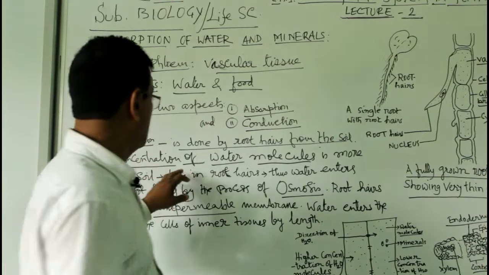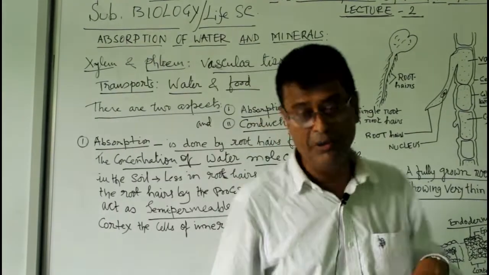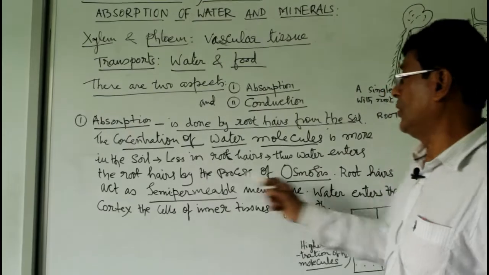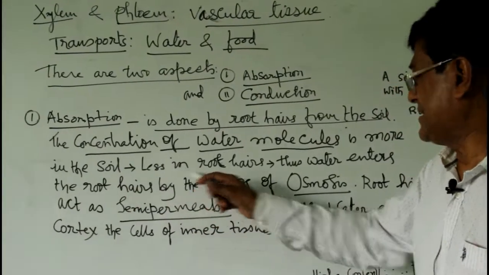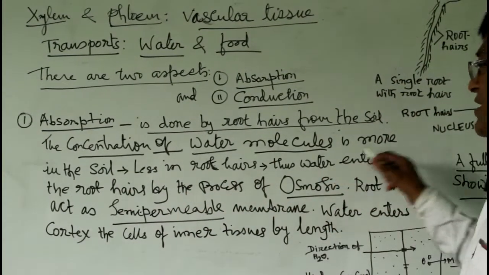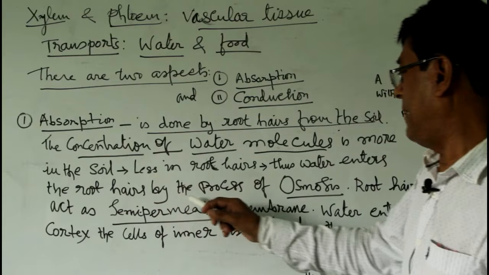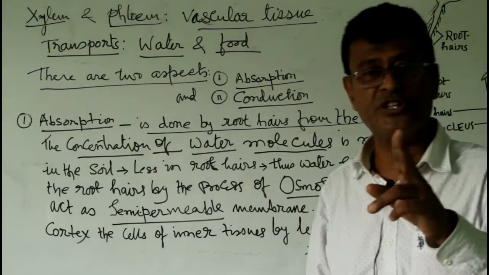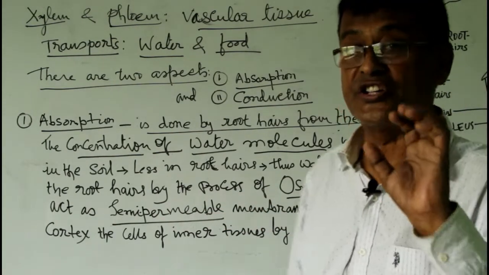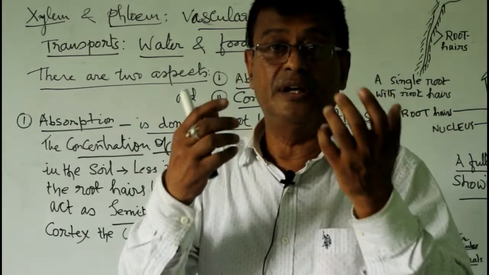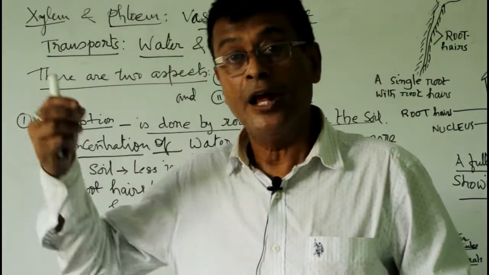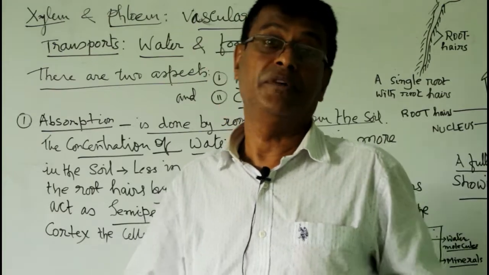I told you the concentration of water molecules is more in the soil and less in the root hairs. Thus water enters the root hairs by the process of osmosis. So the process is known as osmosis, where molecules move from the higher concentration toward the lower concentration.